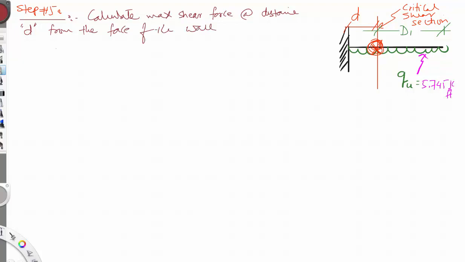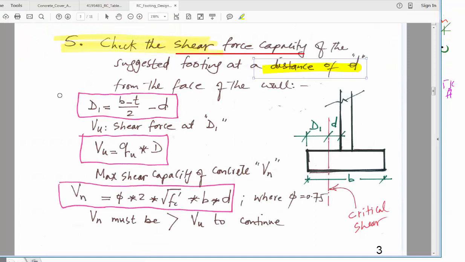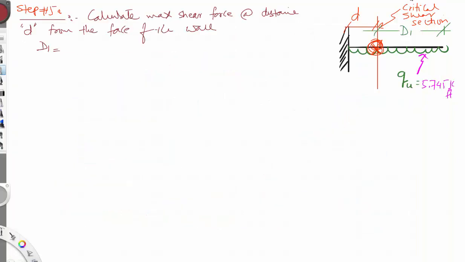For that I need the distance D1. Again, if you go back to the rules, you'll see D1 is defined here as B minus T divided by 2 minus D. And this is again a rule. So B is equal to, we said, 11 feet.